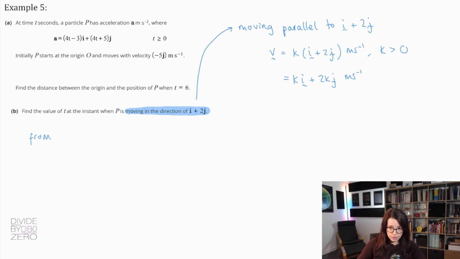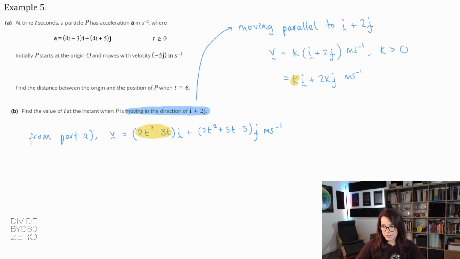Now we also know from part A that velocity is equal to this. So now we can set these components equal to each other. So we can set 2t squared minus 3t equal to k. We can set 2t squared plus 5t minus 5 equal to 2k. These are simultaneous equations that we want to solve. You can do this however you like, but I'd probably take this k and sub it in here.